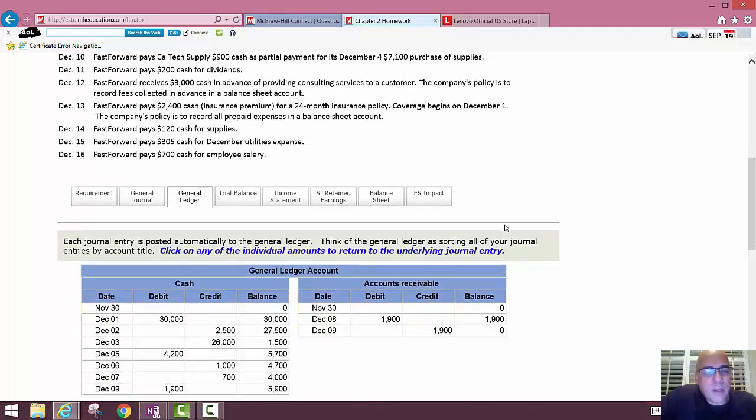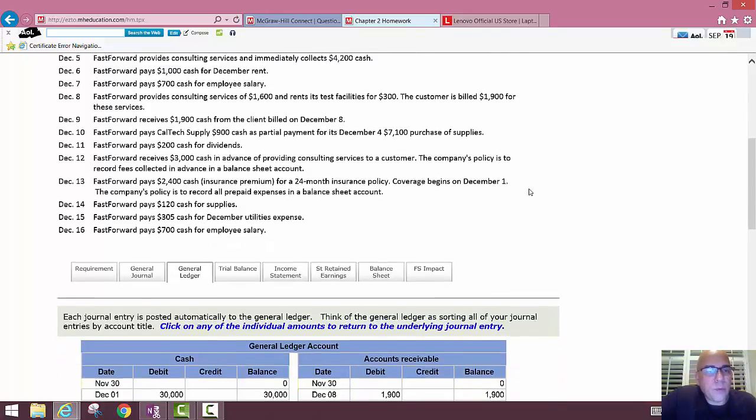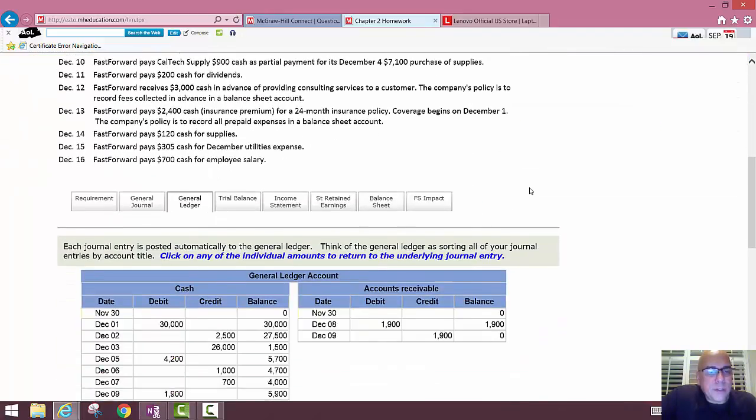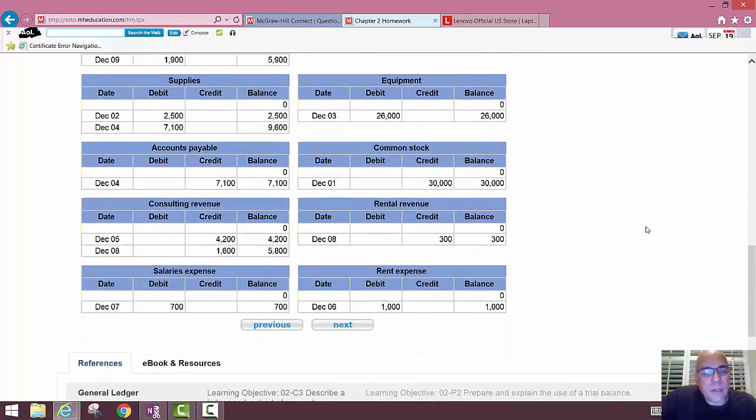But remember, back on December 4th, we did what? We had gotten the supplies at that point in time. Just to go back, on December 4th we debited the supply asset and we credited the accounts payable, and now we're simply going to give up some of our cash to pay that bill, to pay that liability, okay?